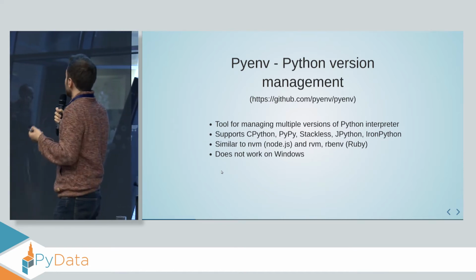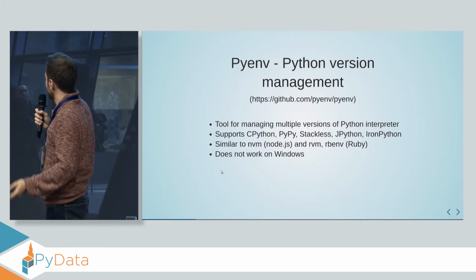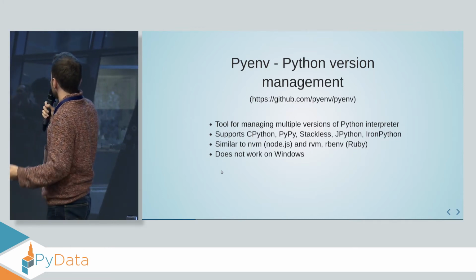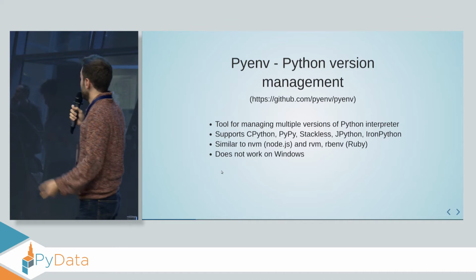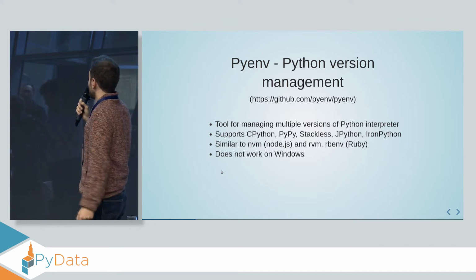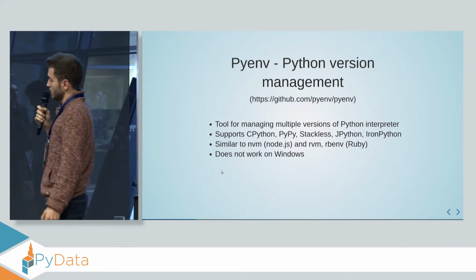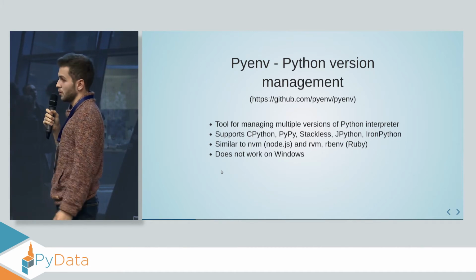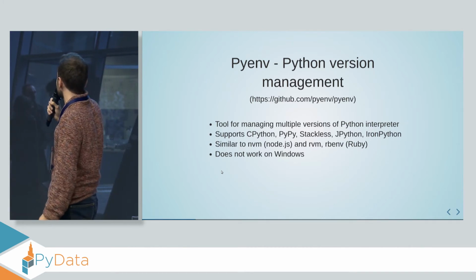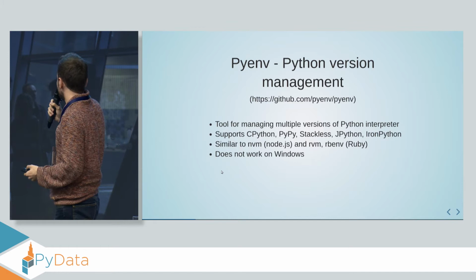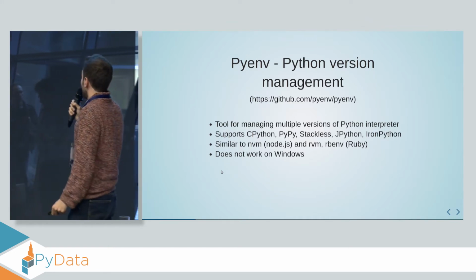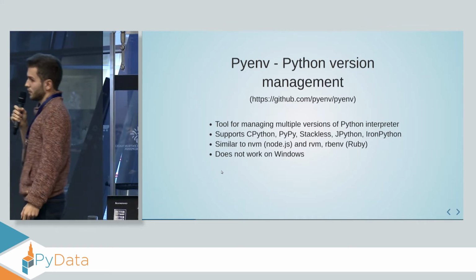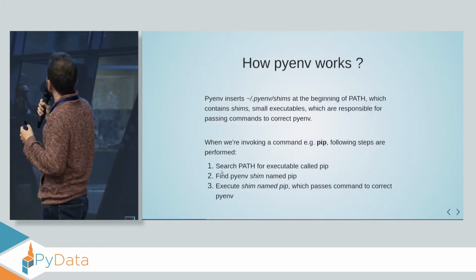If you're familiar with Node.js or Ruby ecosystem, it's really similar to tools like NVM and RVM. What might be disqualifying for some of you, it's not working on Windows. I looked but failed to find the working solution for Windows, but I will also mention other tool that is able to manage Python versions on Windows.